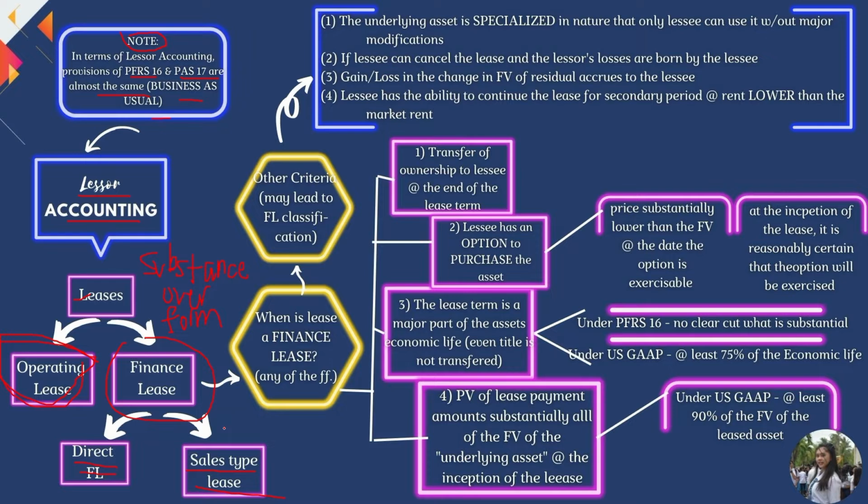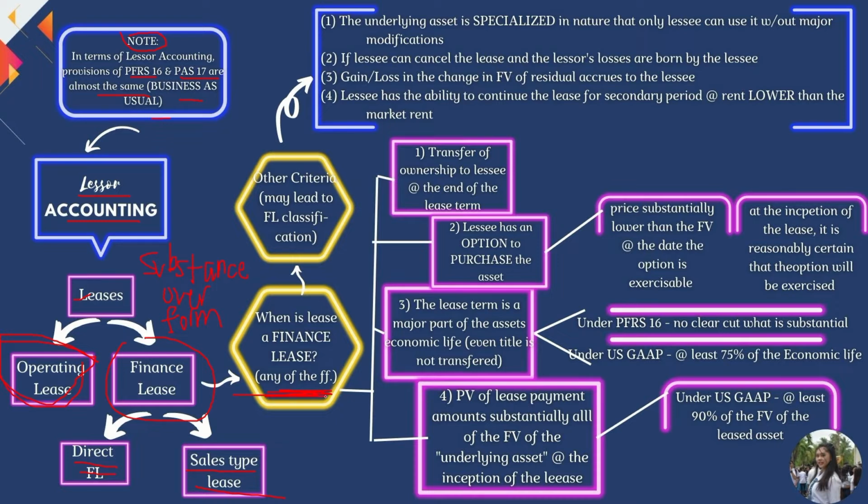the general question: when can we classify that the lease is a finance lease? So how do we know if it is an operating lease or a finance lease? Because, remember, what we follow is substance over form. Stated in here, any of the following criteria.